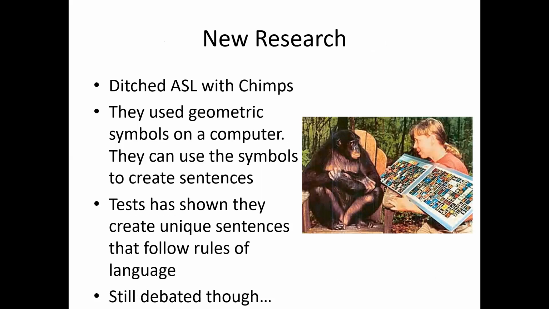And for this one, they did show that chimps with this geometric symbols board did create their own unique sentences that followed grammatical language rules. Super successful. So way more successful than American Sign Language. The thing is, still debated. People still say, I don't really know if chimps can learn language or not. But they did have more success with these geometric ones showing that grammar and stuff was used.